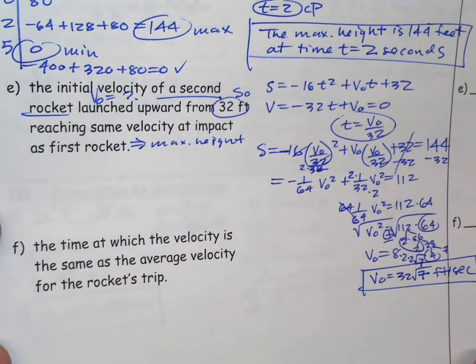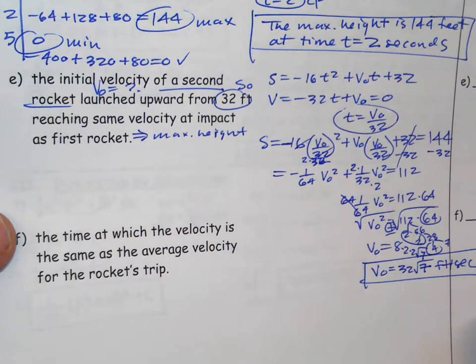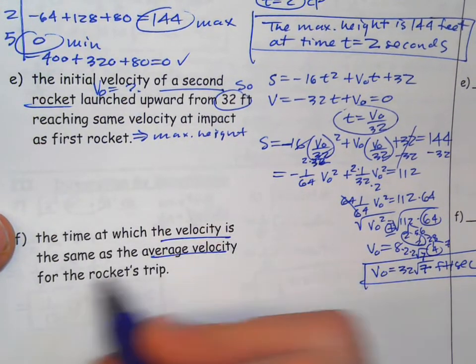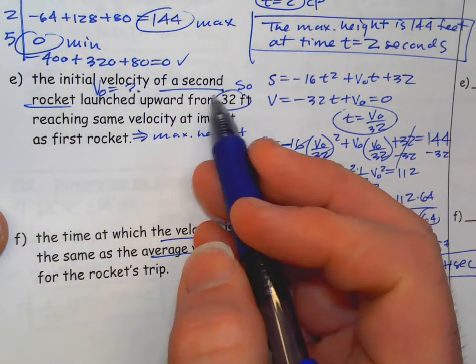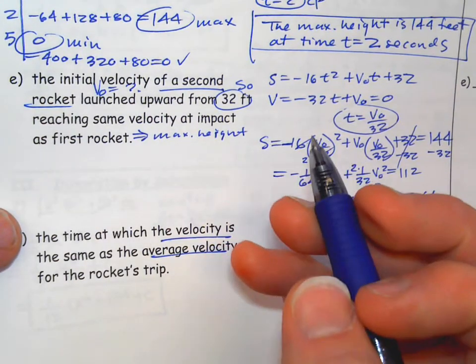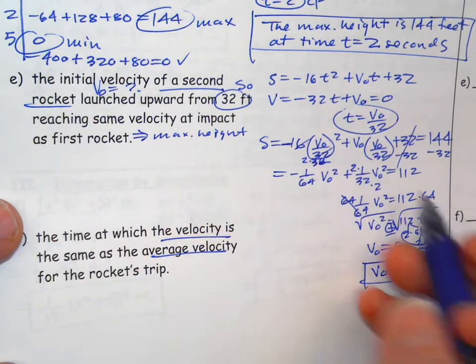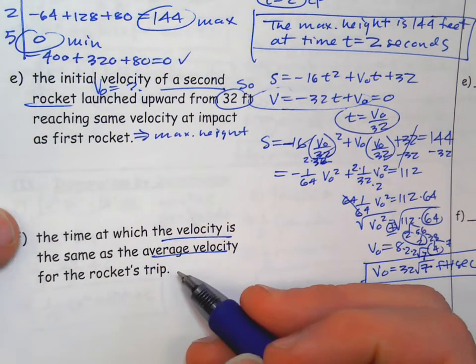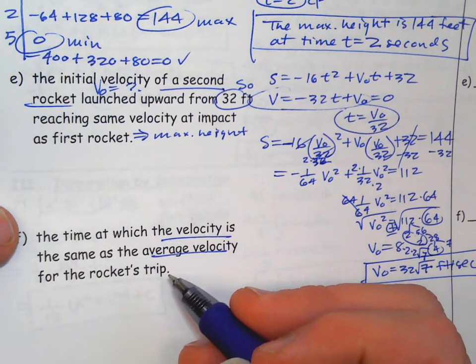Okay, the time at which the velocity is the same as the average velocity. So this is the second rocket. So we've got to find the average velocity and an equation for the instant velocity. So we have the instant velocity.